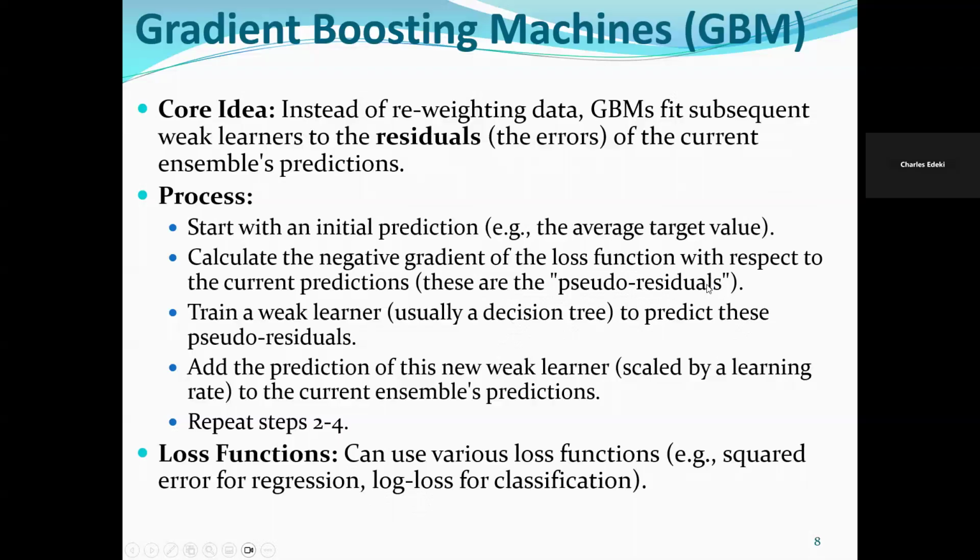For each training instance, we calculate the pseudo residuals, and this is very essential. It is essentially the negative gradient of the chosen loss function with respect to the current prediction of the ensemble. Again, here we are converging on the gradient concept.